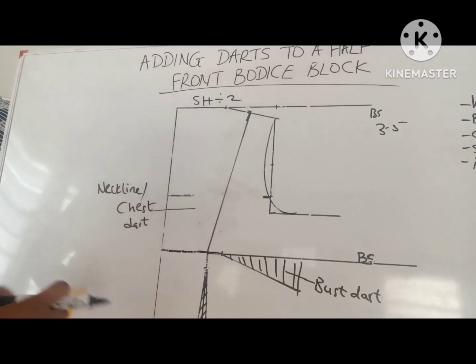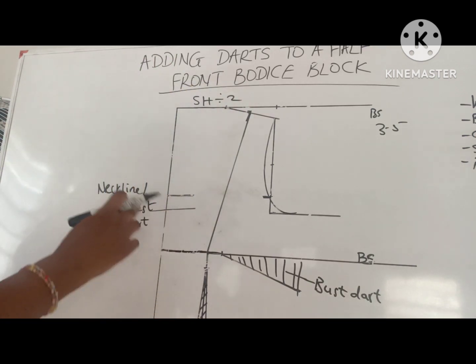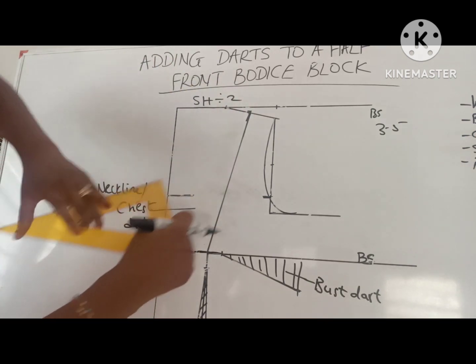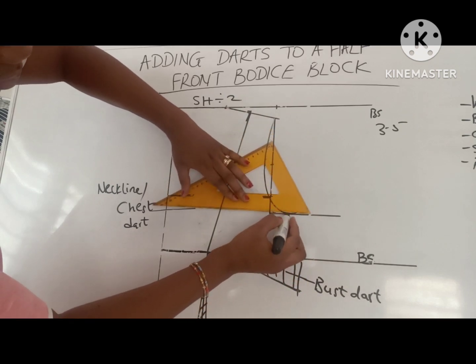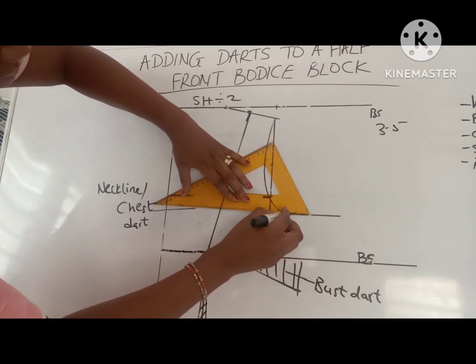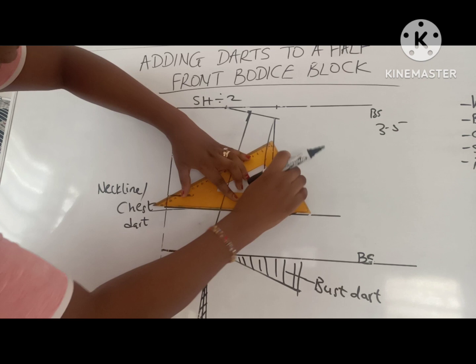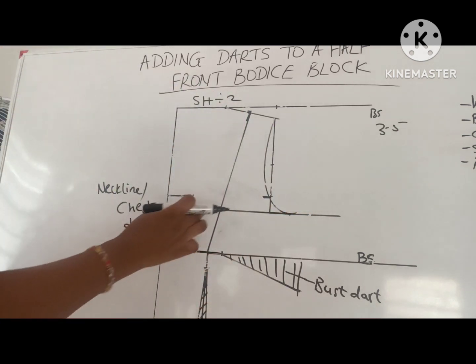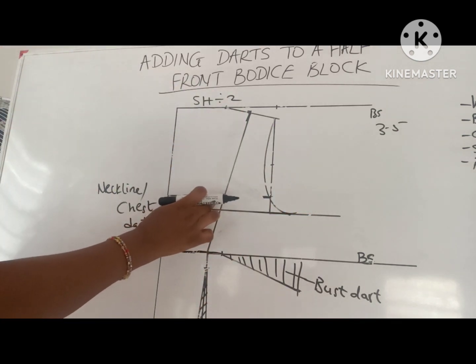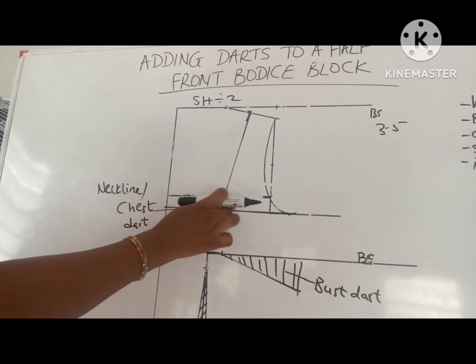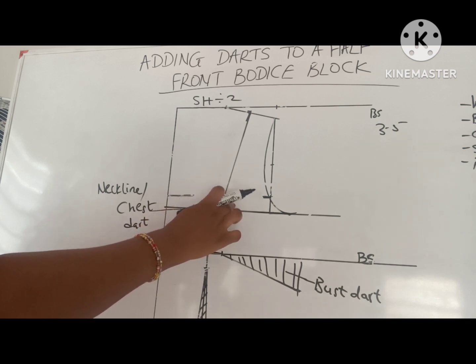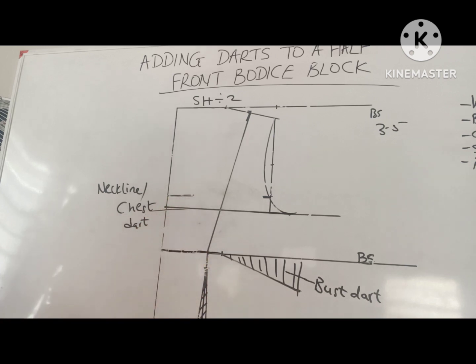Okay, and then on this chest line, you now need to take a dart here and here, that you will now connect to this point.